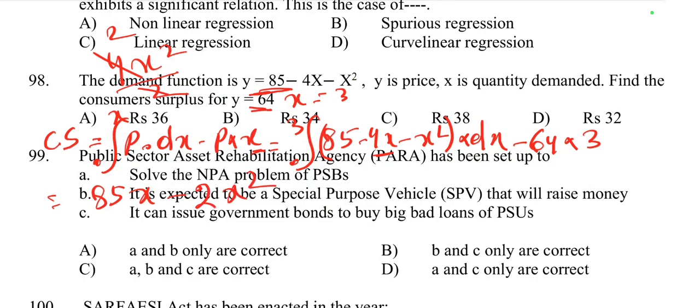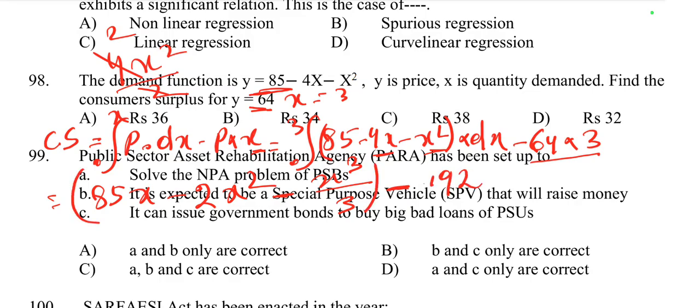So minus 2x square. Then the integration of x square is x cube by 3, so minus x cube by 3. And minus 64 into 3 is equal to 192.